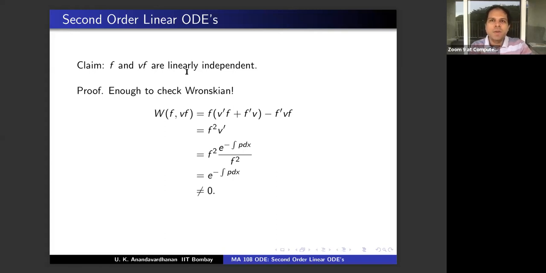Even in the problem you discussed before we started recording, if you guessed e power x times x square is a solution, you can find the other solution by this method. One of you told me you could guess one easily, then the other could be found by this method, which I was not thinking of when I posed the question. So there are other ways to guess, but this also will be helpful.